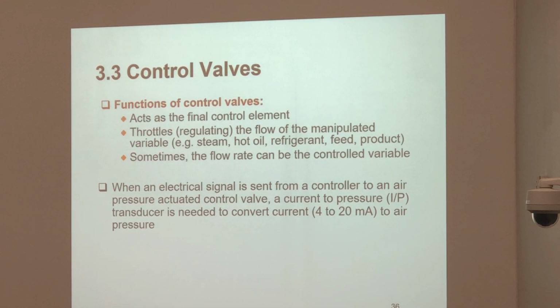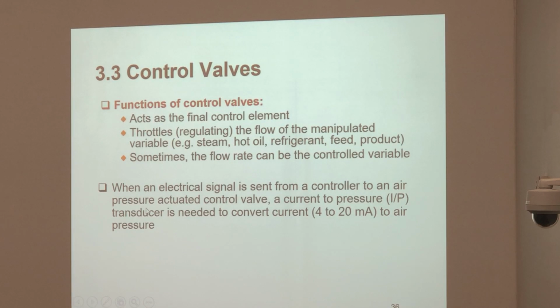The control valve is actually air pressure, right? But I send an electrical signal. So if I send an electrical signal to control an air control valve, what do I need in between in order to be able to control the valve? I need a transducer, a pressure transducer.